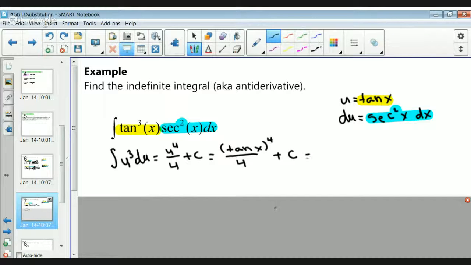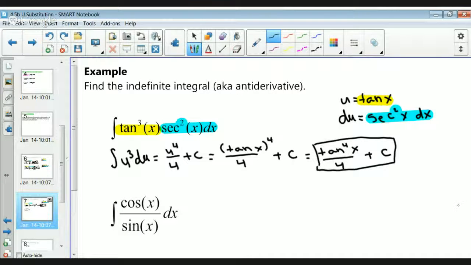And how you'll typically see this written is like this, right? Just keep in mind they mean the same thing. Just a little bit less cumbersome, a little bit less to write, but either one is correct. All right, and if we wanted to check, of course, we could take the derivative of this and see if we do come back to tangent cubed x times secant squared x.